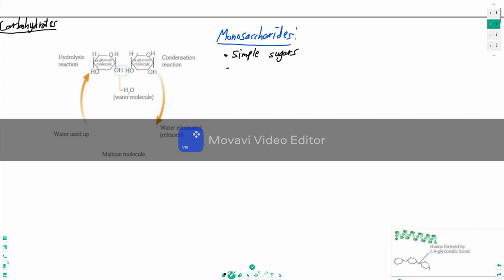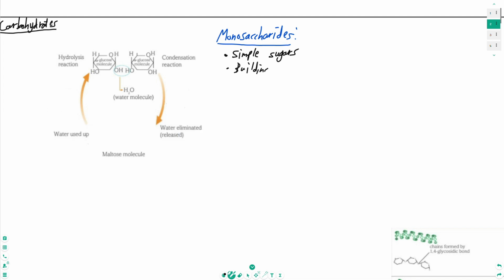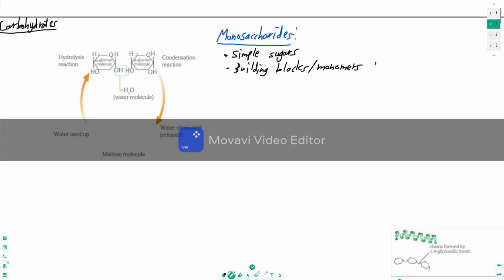They're basically the building blocks of all the other types of carbohydrates. Or monomers, the fancier term is monomers of carbohydrates.